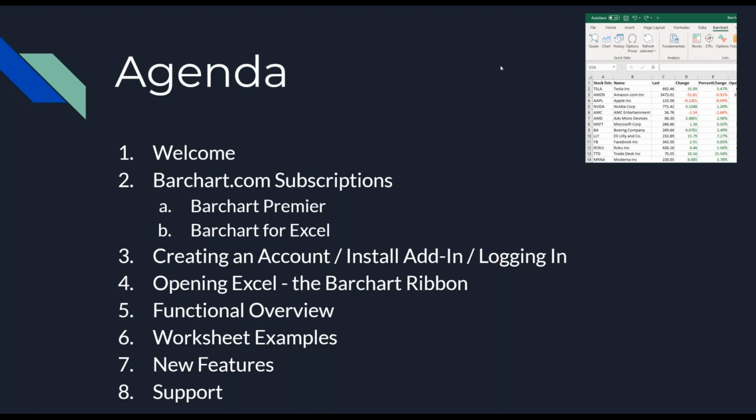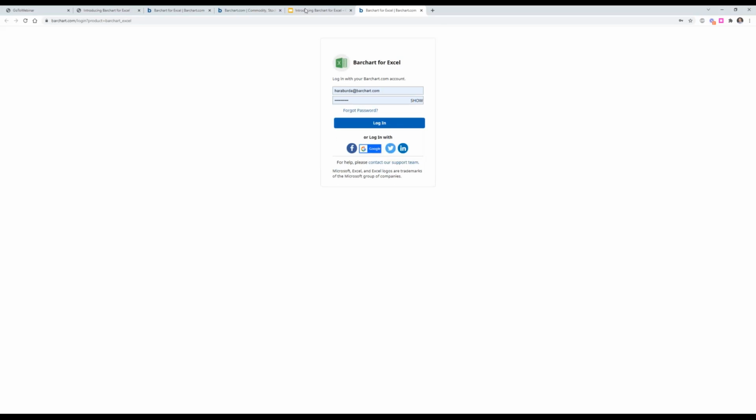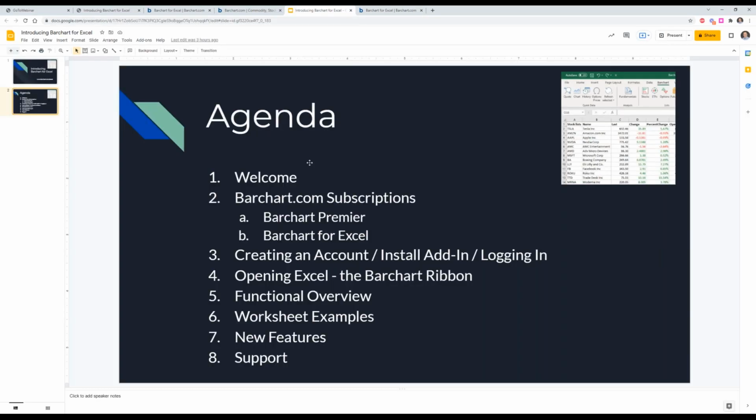We're then going to open Excel, and we're going to explore the Barchart ribbon and the different functions within that ribbon, such as quotes, charts, options, stocks, watch lists, and a variety of other great features. I'm then going to show you a few worksheet examples that we put together to show you the power of Barchart for Excel and how you can customize your own worksheets, integrate unique data sets, and perform advanced analysis. So let's take a look, and then we'll talk about new features and support here.